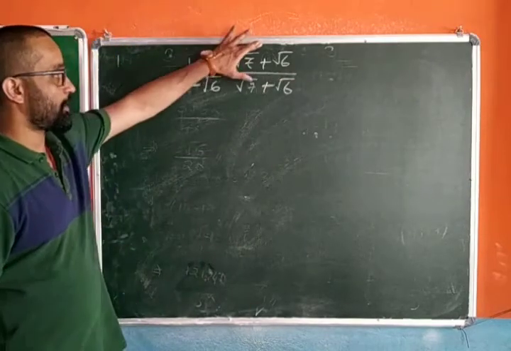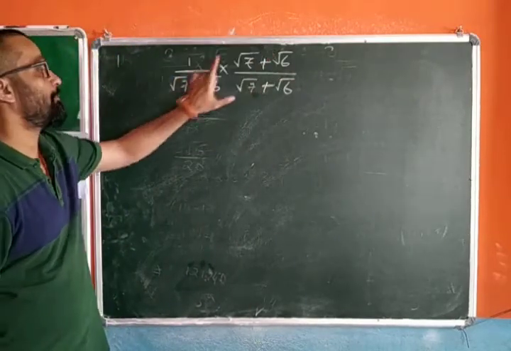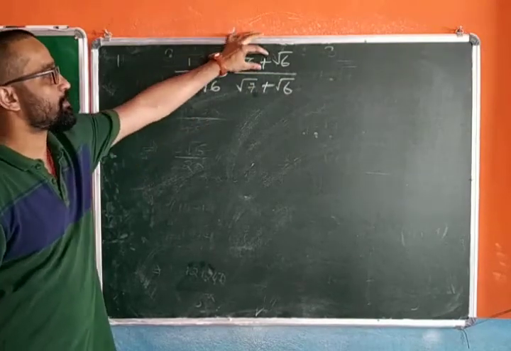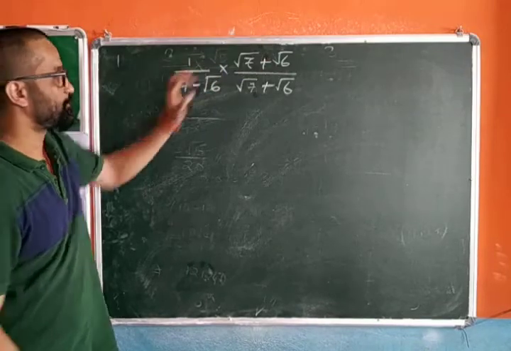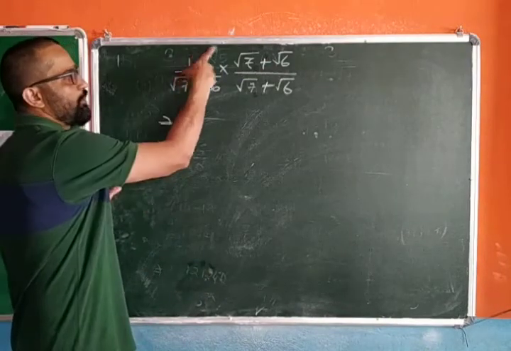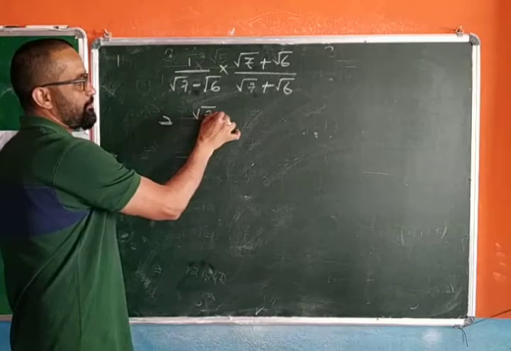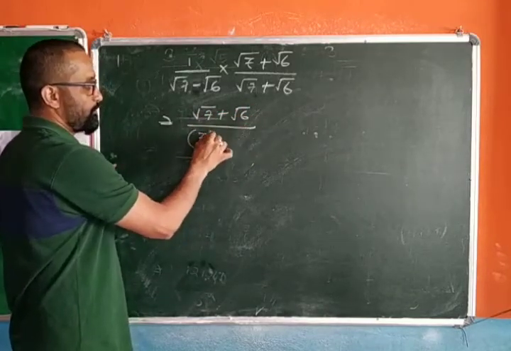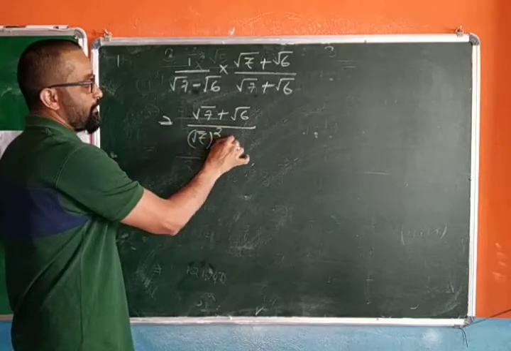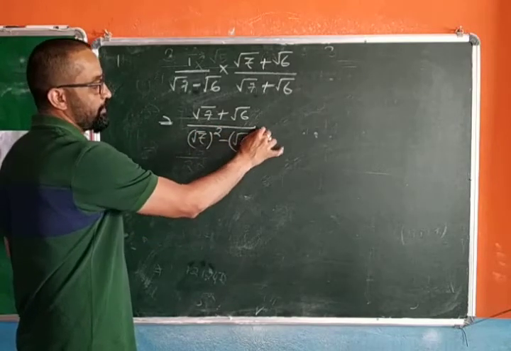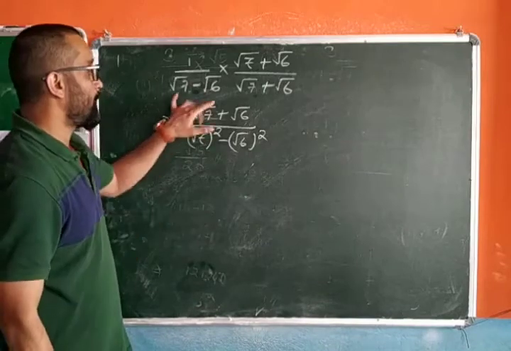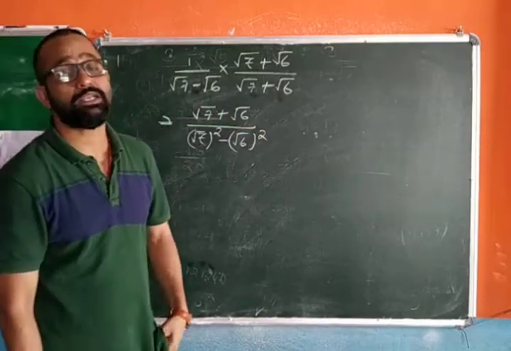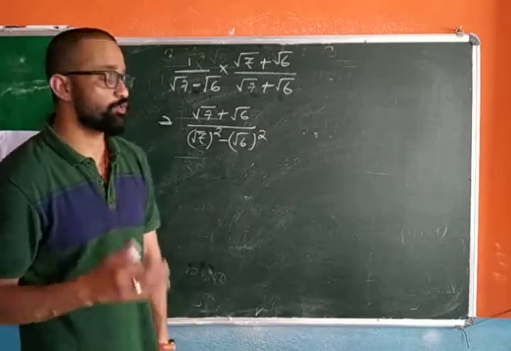Both numerator and denominator you multiply by the rationalizing factor. We multiply the numerator, we get root 7 plus root 6 divided by root 7 whole square minus root 6 whole square. Again the same formula: a plus b multiplies a minus b can directly be written as a square minus b square.